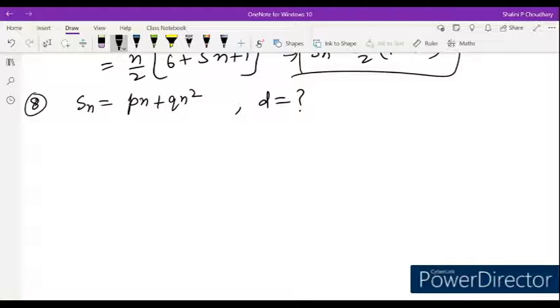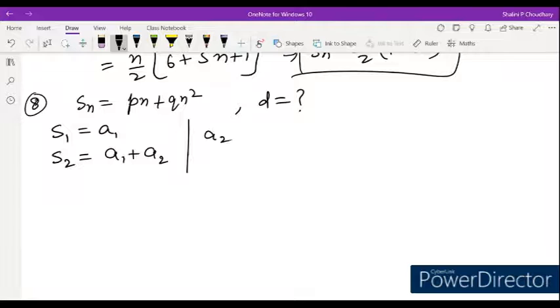First of all, for the sum of n terms, the sum of one term will be the first term. So S1 will be equal to a1, the first term, and S2 will be equal to a1 plus a2, the first term plus the second term.